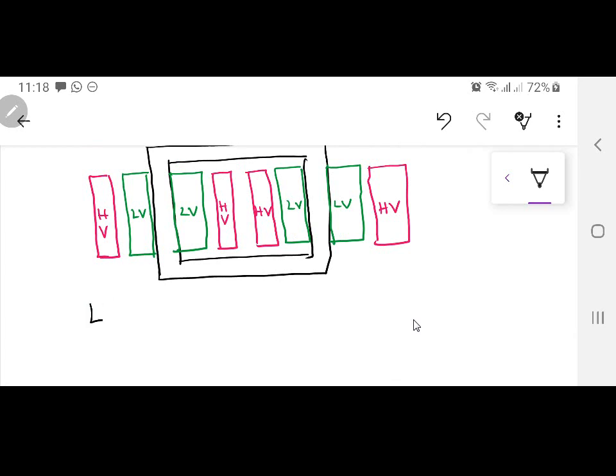Whenever I'm using the words low voltage winding, the words primary and secondary we will not be using in this course. We will always be using the terms low voltage and high voltage. So when I'm talking about low voltage winding, I will be using V1 and I1 as the attributes, the voltage and current rating.